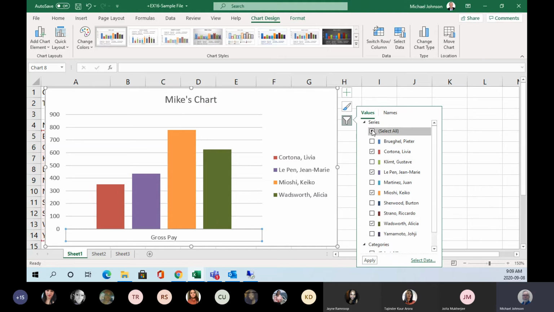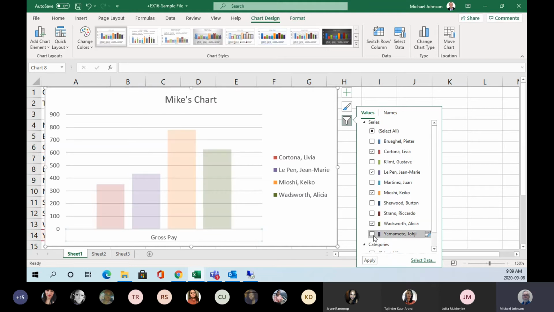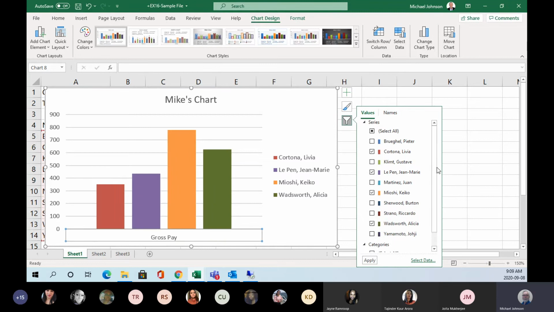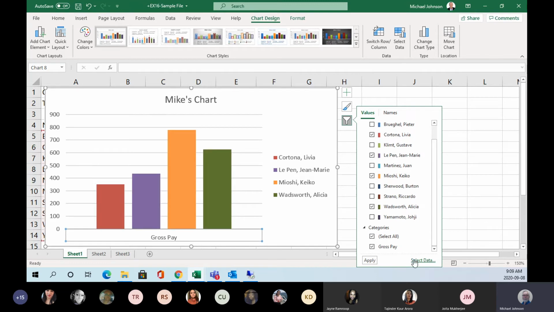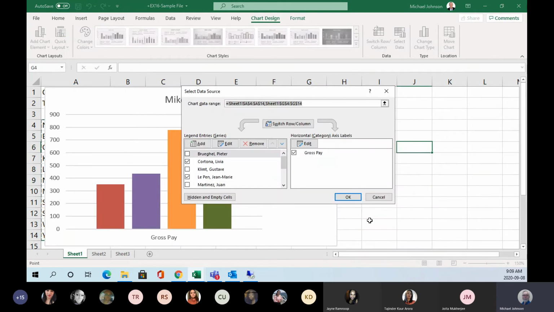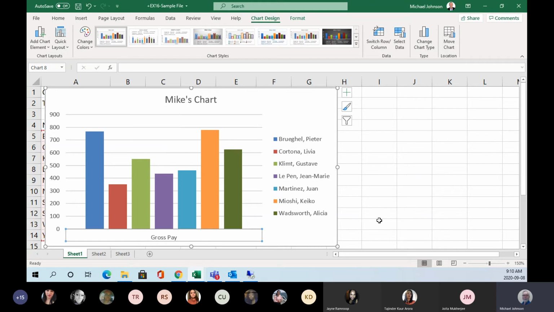And this will allow you to actually go through this and pick and choose any particular category or individual that you're really interested in. And of course, if you decide you don't have enough data, you can always select the data as well and come back in here and maybe add some of the other people as well, like add this one and that one, then click OK, and of course they're added now.